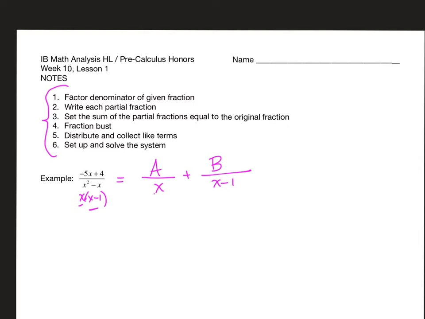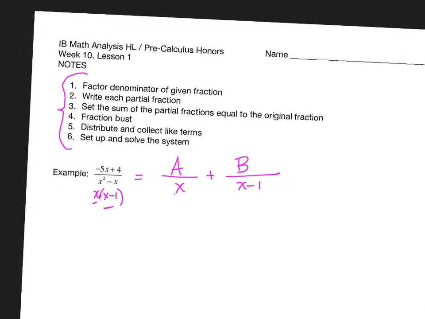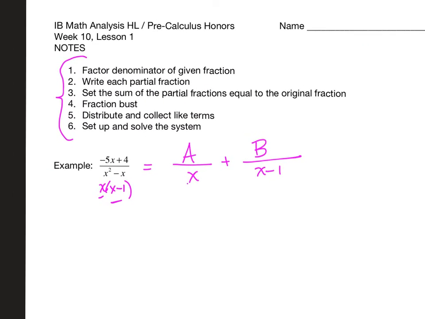Now what I need to do is fraction bust. I'm actually at step number 4. For this entire equation, the whole thing, I need to fraction bust. I'm going to multiply all 3 fractions by x times x minus 1.